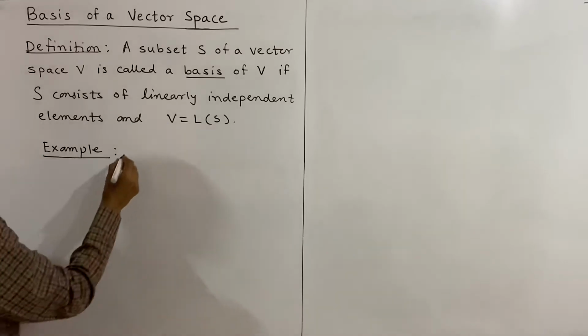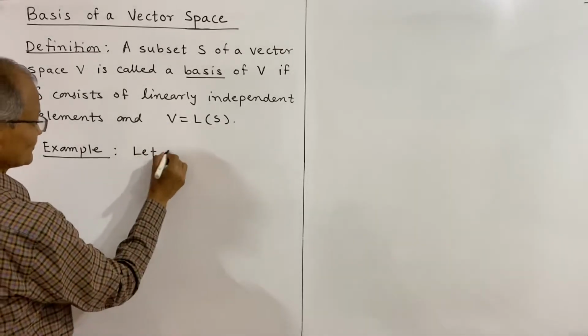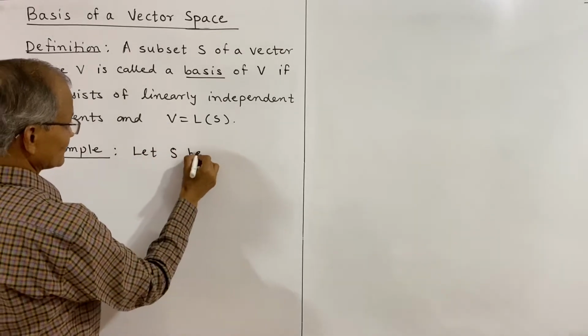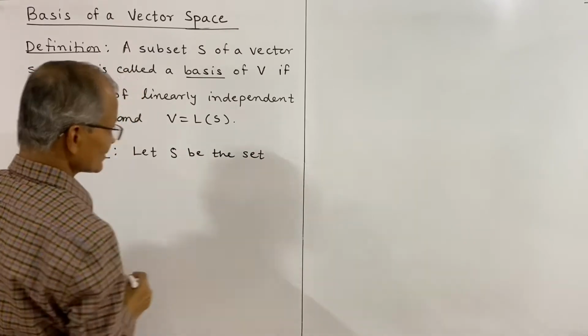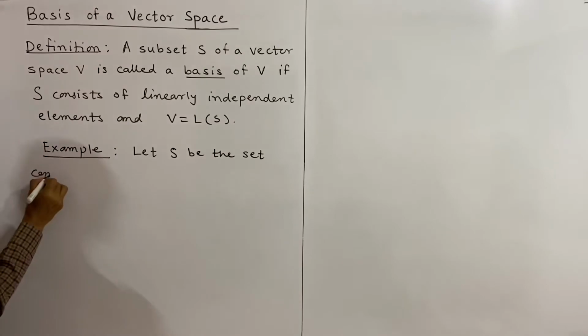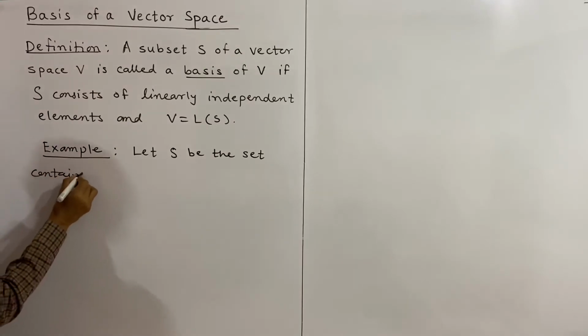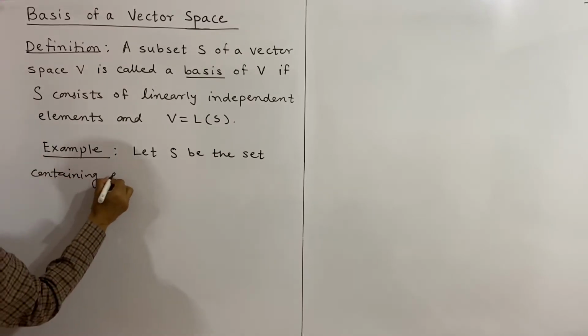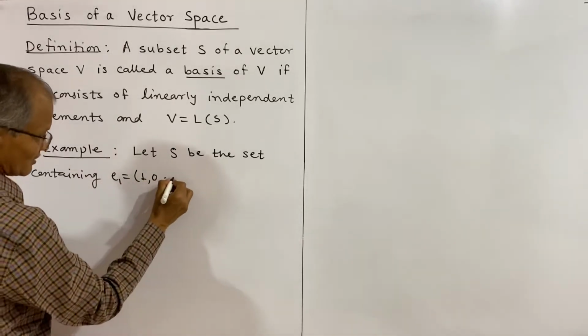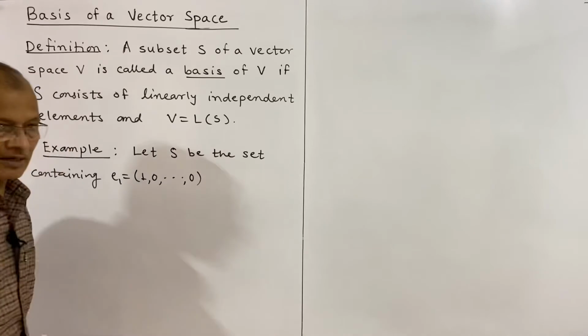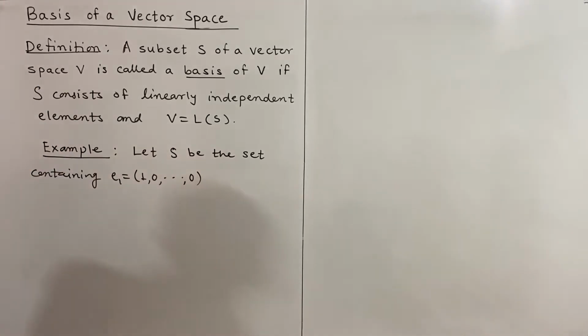Let S be the set containing the elements E1. E1 is 1, 0, and so on up to 0. That means we are considering the vector space Fn.